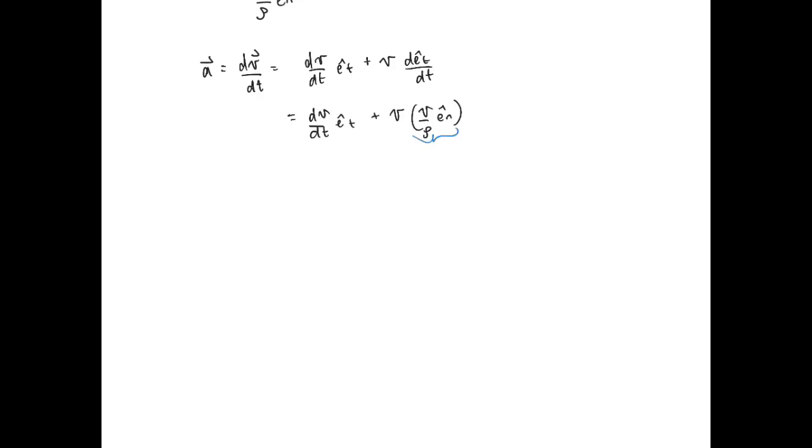And this is the part that we just derived. Sometimes this equation is written out in a different form, so it's written out as acceleration is equal to at et plus an En, where an equals v squared over rho, and at is equal to the change in speed with respect to time, which is equal to v dv over ds, which could also be represented that way.